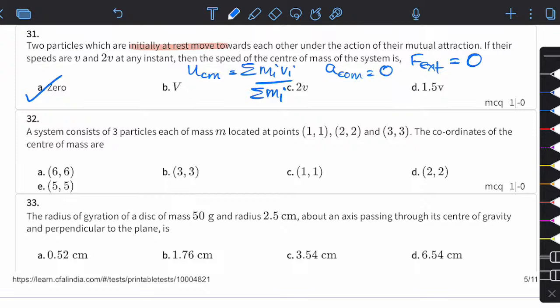Now if all the particles are at rest, center of mass also will be at rest. So initial velocity of center of mass is 0, and acceleration of center of mass is also 0. So if initial velocity is 0 and acceleration is 0, then final velocity should also be 0 at any time. I hope you follow. Very good point. If it was not mentioned that initially they were at rest, we cannot answer this question.